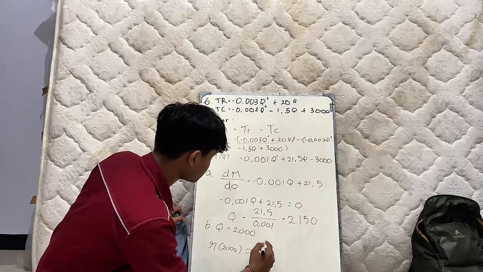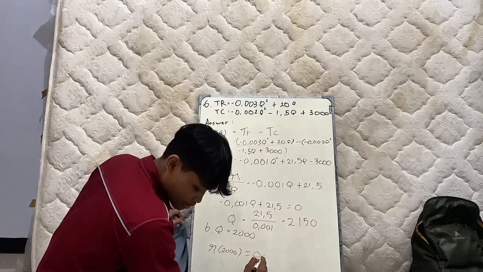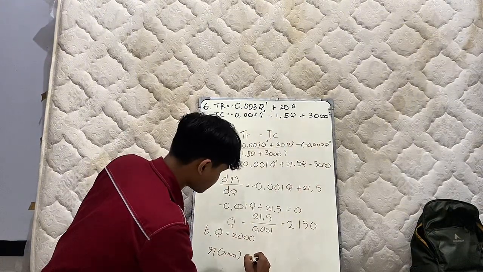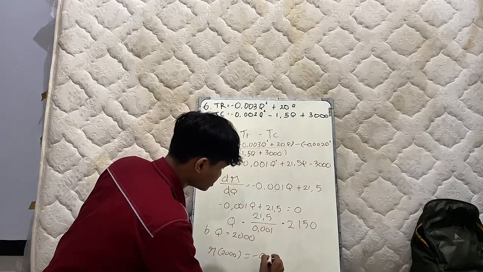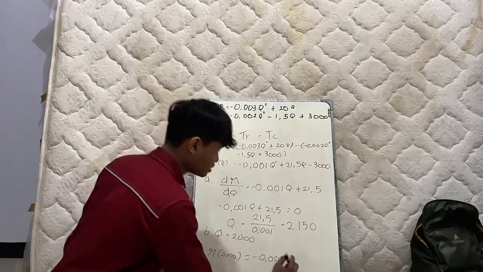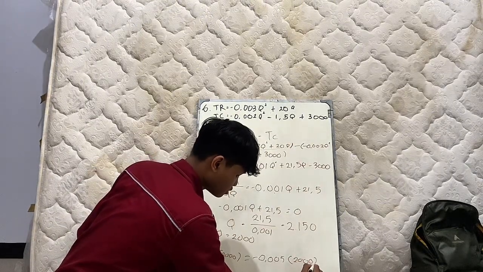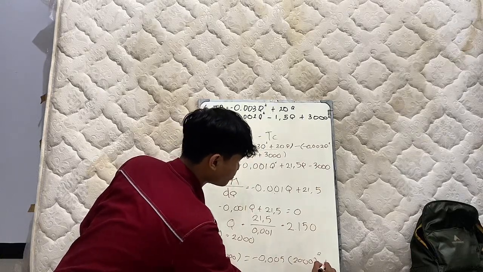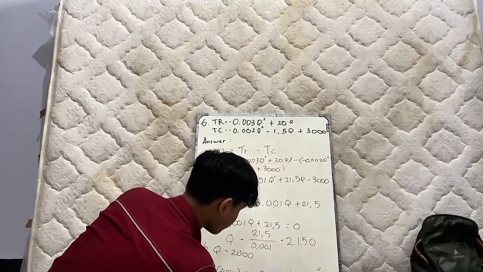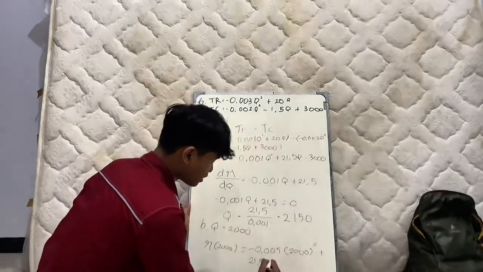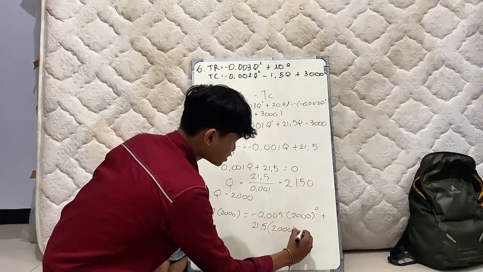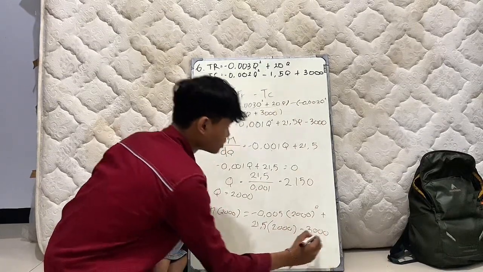Then the number is minus 0.005 times Q, which is 2000, to the power of 2, plus 21.5, and then insert the 2000 in here, and then minus 3000.